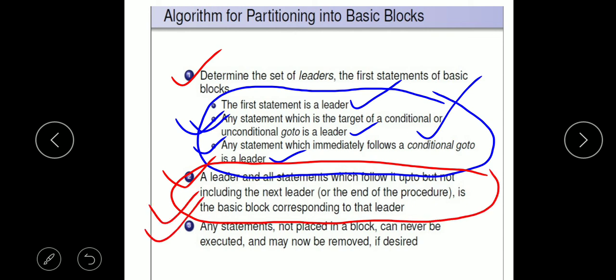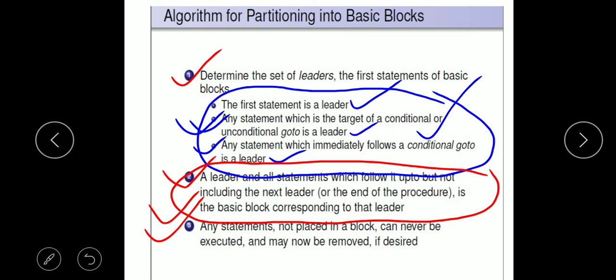So suppose you have identified all leader statements, now it's time to construct a basic block. So what is the rule of constructing a basic block? A basic block contains a leader statement and all statements which follow it up to but not including the next leader statement.